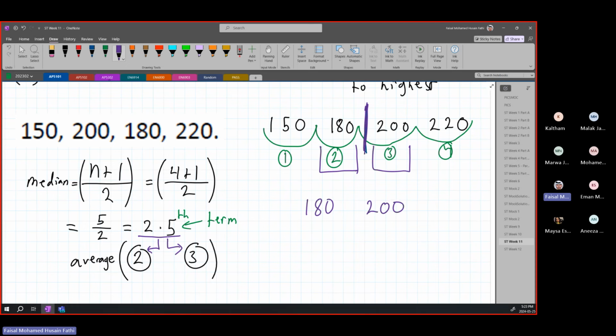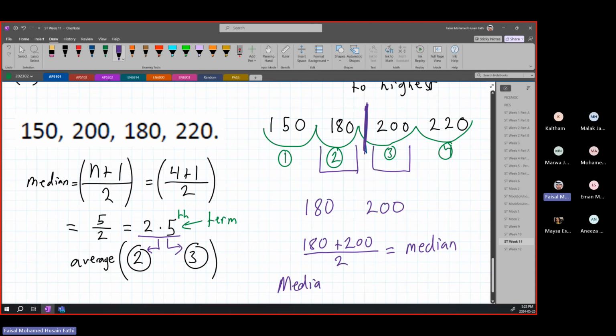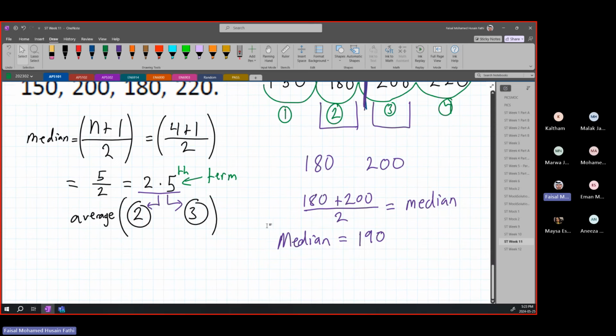And to take the average of these two numbers, you simply just add them and divide by 2. And this will be your median value. So the median is going to be equal to 180 plus 200 over 2, which is 190. All right. So the value of the median is 190.